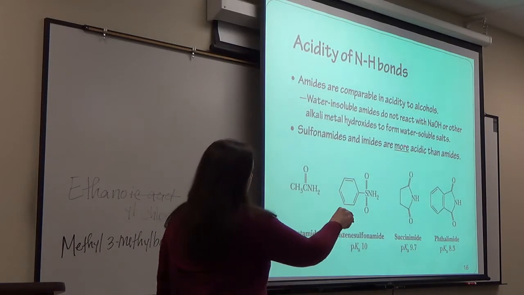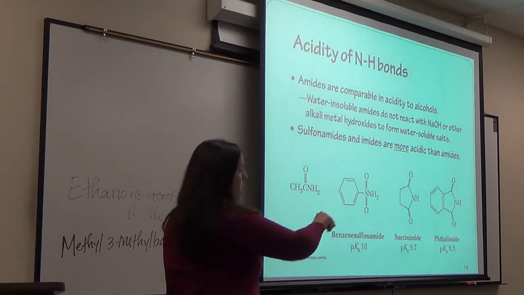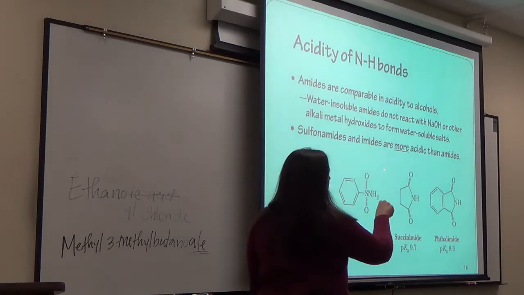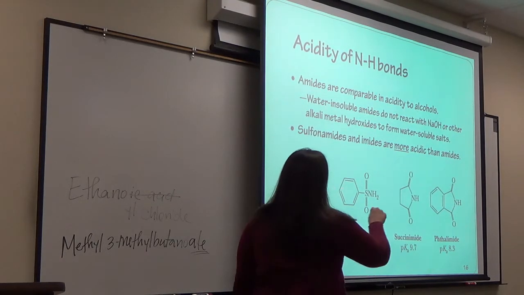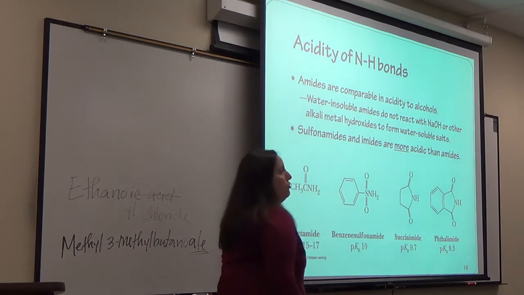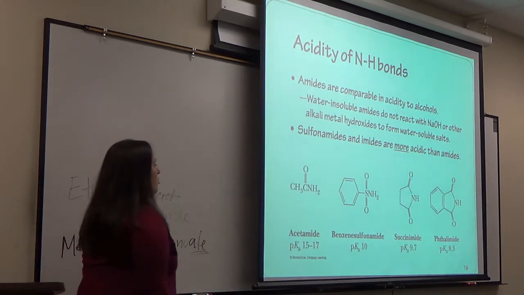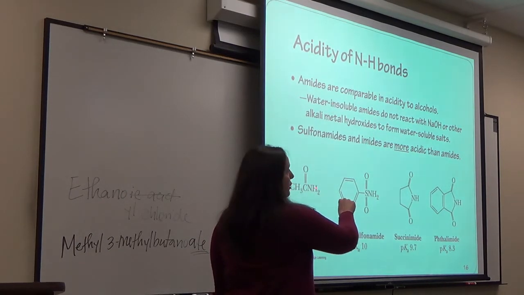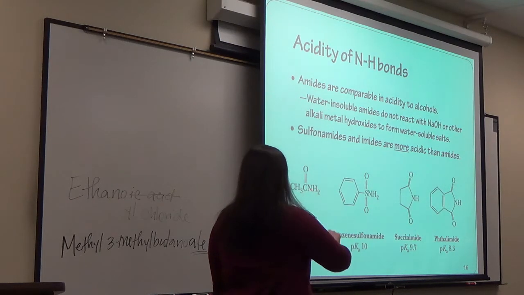We didn't actually have a slide for this, but remember that you can have sulfonyl chlorides, and you can also have sulfonyl amides, so you can use sulfur as a substitute for the carbonyl here. These hydrogens attached to the nitrogen are considered to be acidic. So you can see the pKa's here.